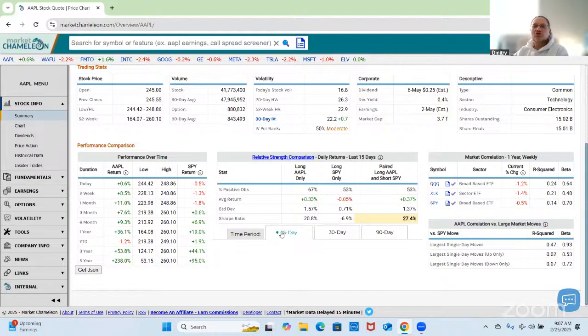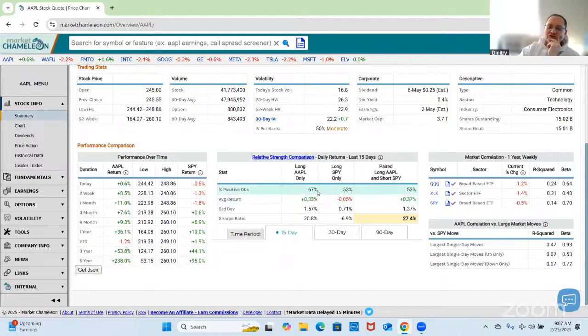What was the average return over, we'll measure it in 15 days, the last 15 trading days. How often did Apple go up versus the market, right? So we're looking at versus the overall market. So here we have some stats.